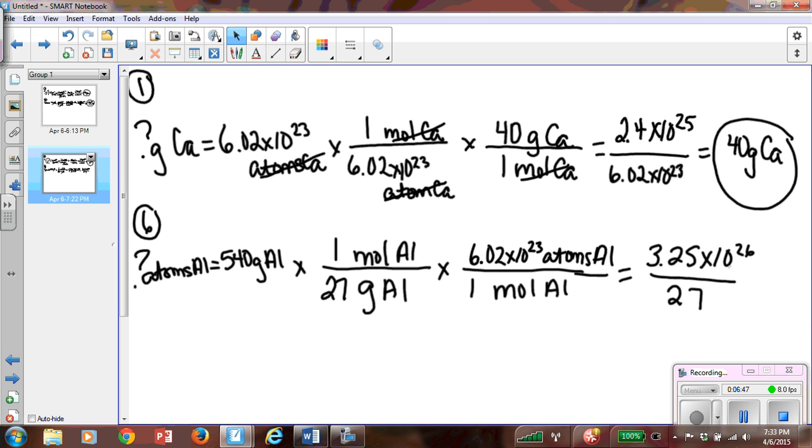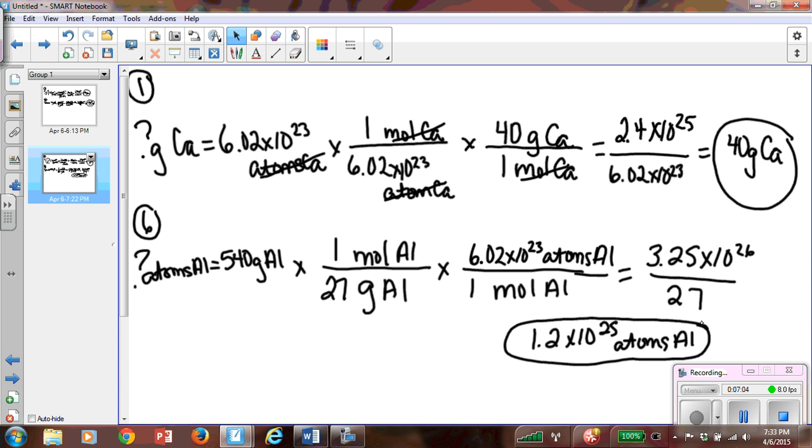Divide, and my answer is 1.2 times 10 to the 25th atoms of aluminum. So my grams of aluminum cancel, my moles of aluminum cancel, I'm left with atoms of aluminum. Number 6 is an example for 7 through 10.